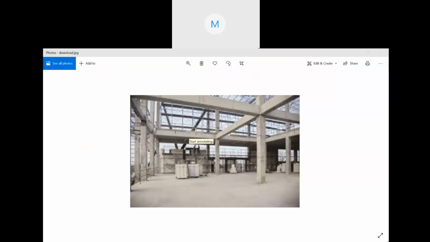These are the horizontal members, right? These are the main support members. In a building, these are called beams.